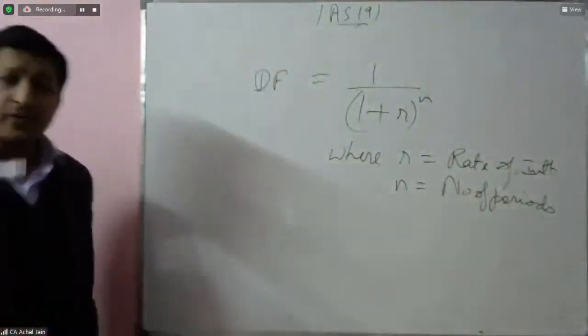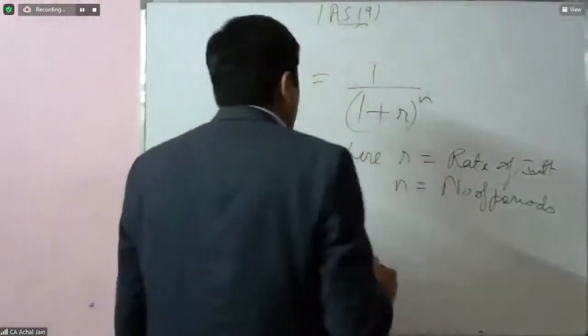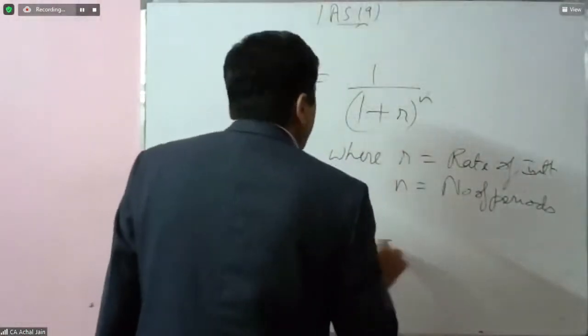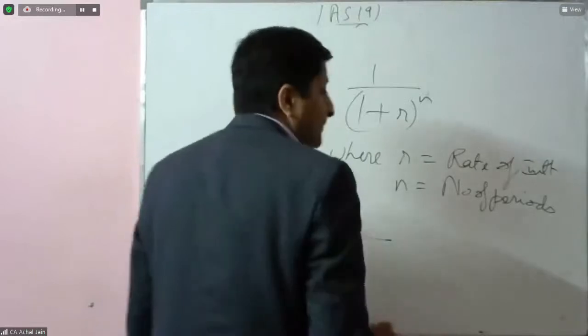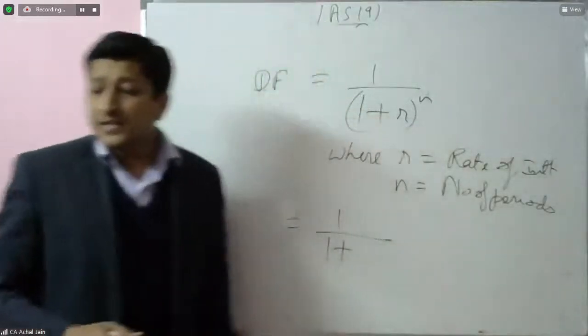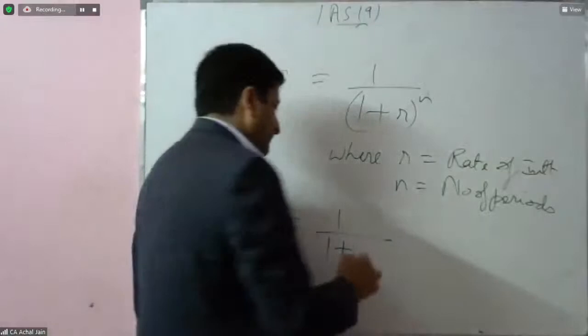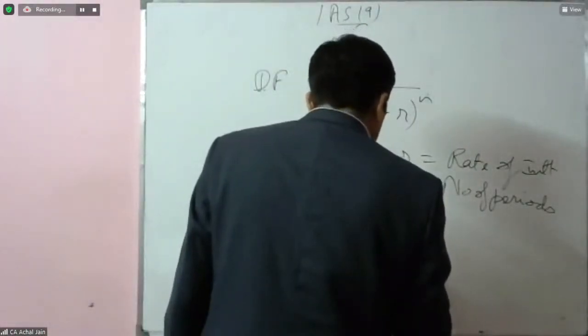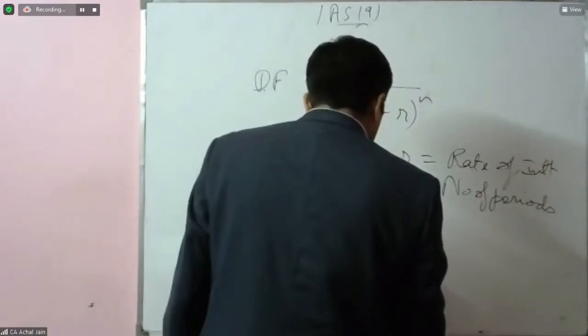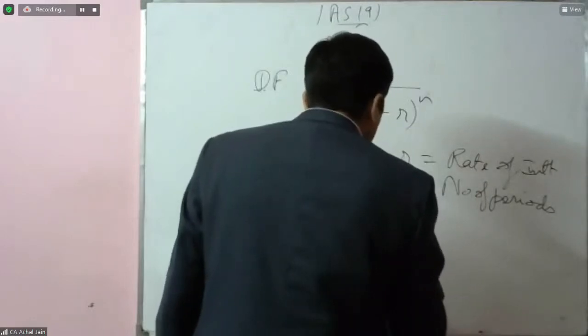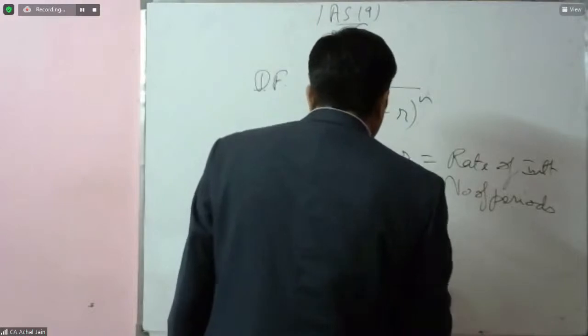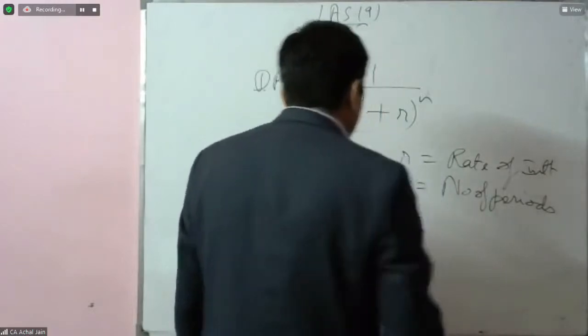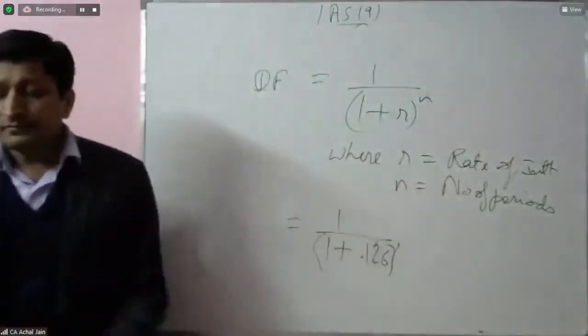Let's suppose for 1 year, how will you compute this? 1 divided by 1 plus .126, 12.6 being the rate of interest, raised to the power 1. That is how you will compute.